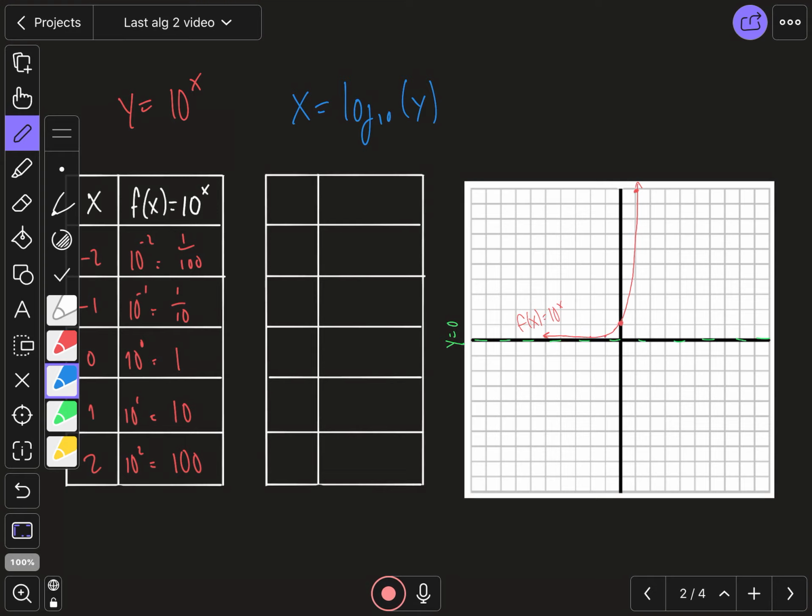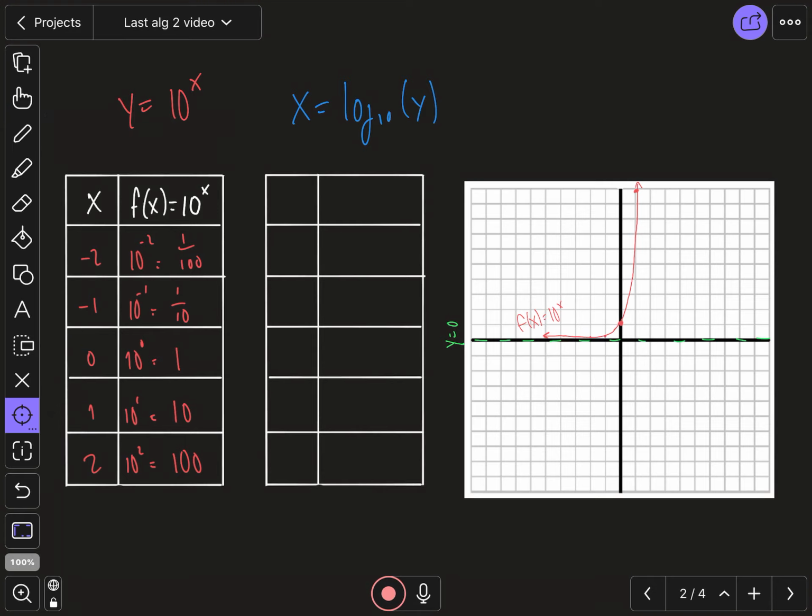Those are inverse functions. And so if you notice what happened here, and this is again something we learned back in Unit 2, where the y was is now where the x is for our new function, and where the x was, the thing we plug in, that's what the y is now.